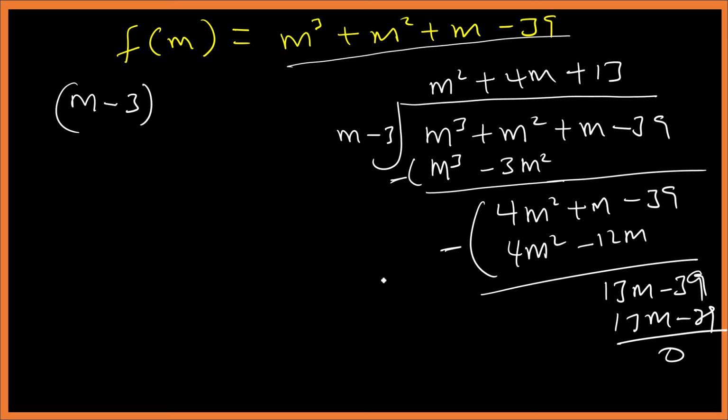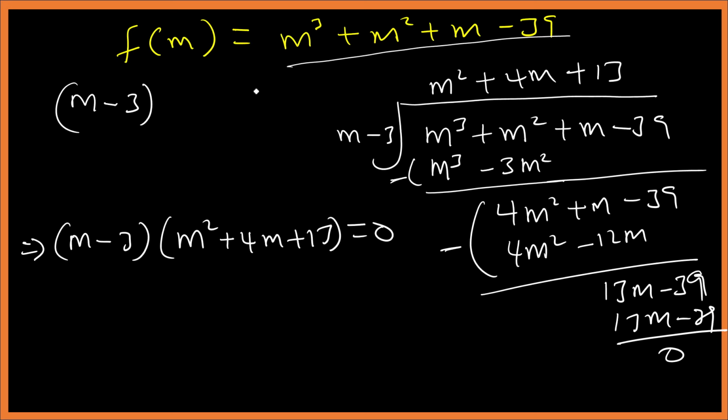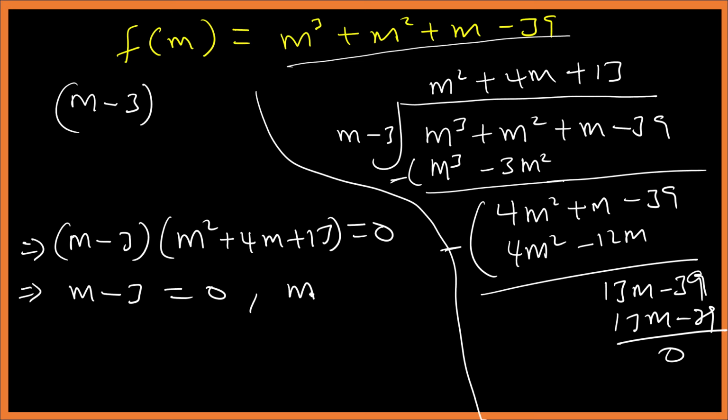So the remainder is 0. Hence, we can write this one as m minus 3 times m squared, that is the quotient, plus 4m plus 13 equal to 0. Okay, so with the zero product, m minus 3 equals 0, or m squared plus 4m plus 13 is equal to 0.